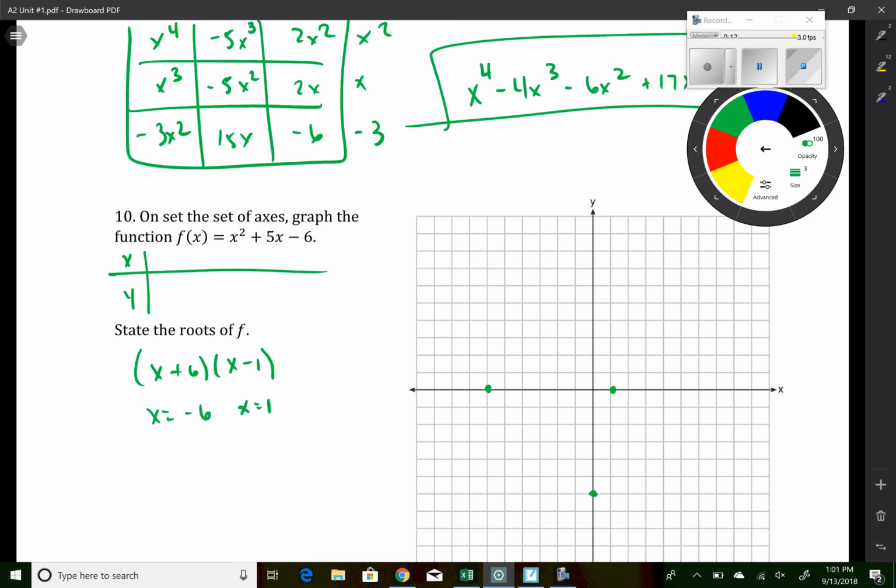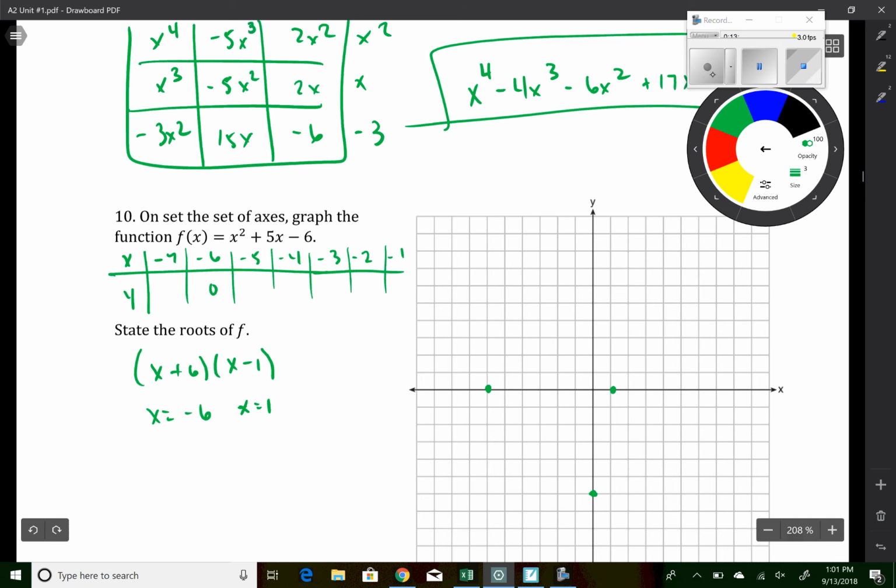If we keep going here, I know I'm going to have to start with some negative numbers, like negative 7, negative 6 we already know is 0, negative 5, negative 4, negative 3, negative 2, negative 1, etc. You can make your table of values from here. And again, this is right in the table of values in the calculator.